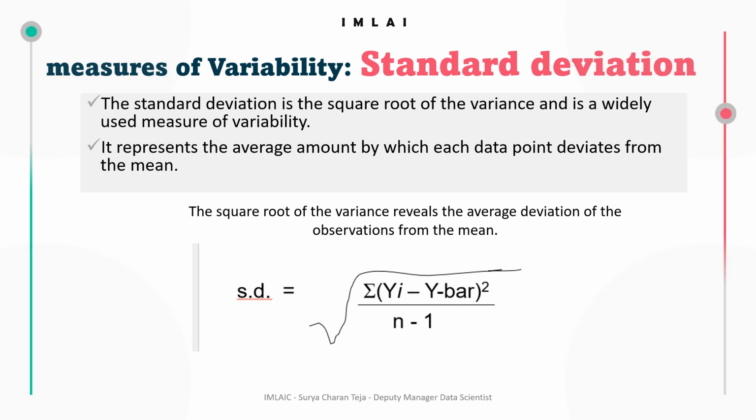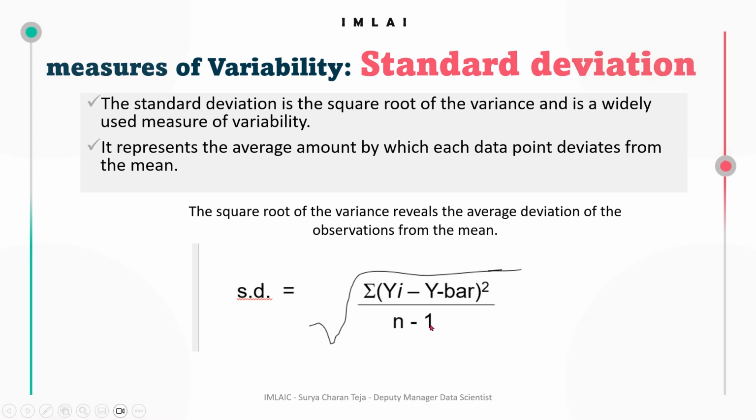Let's take the example here. We have calculated the variance using this formula: summation of yi, the individual scores, values, observations or records, whatever way you call them, minus y bar, all squared. y bar is the mean of that population, all divided by n minus 1, where n is the sample size.